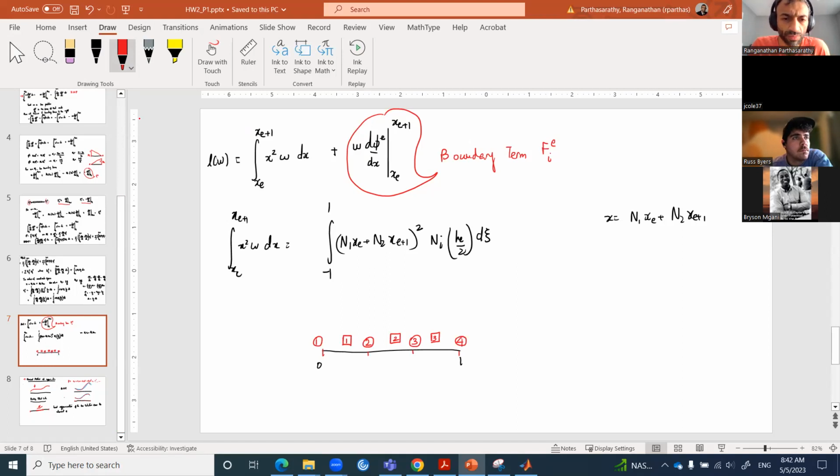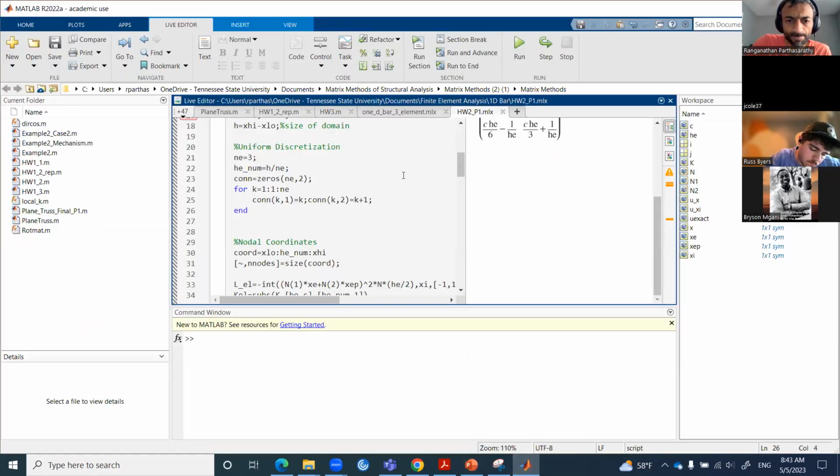So element 1 connects between node 1 to node 2, element 2 between node 2 to node 3, and so on. So that means element E connects between node E to node E plus 1. Element K connects from K to K plus 1.